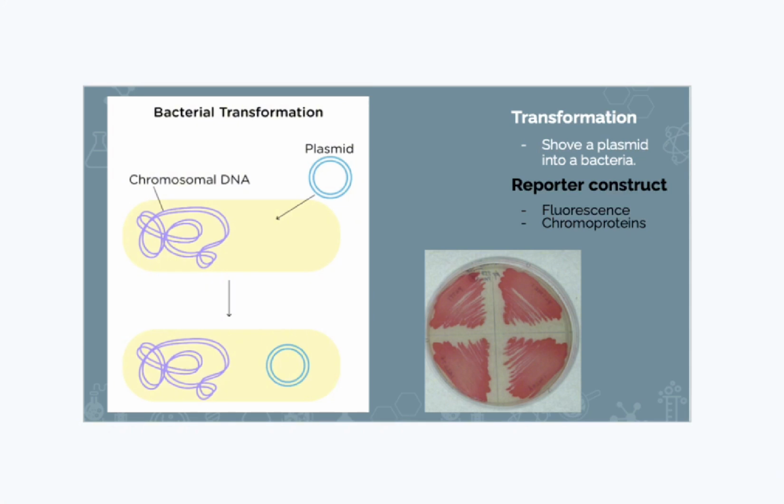Note that in the smaller picture on the screen, there's a red color. This red is created by RFP or red fluorescence protein. When you design your plasmid, you can include the genetic sequence for red fluorescent protein, or RFP. Therefore, after a transformation, if you see red, then you know that the transformation worked.